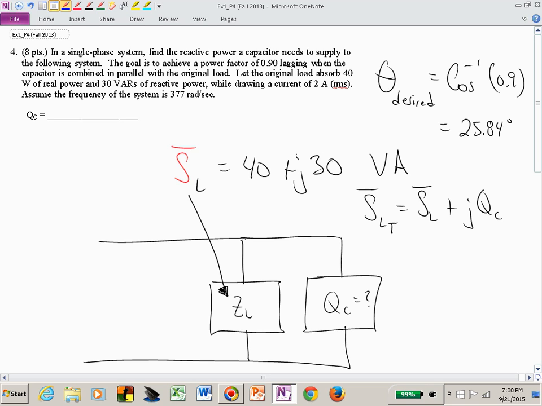If you needed, how could I have made this problem trivial? I could have maybe said the goal is to achieve a power factor of 1. Then what would your answer be for Q sub C? Minus 30.